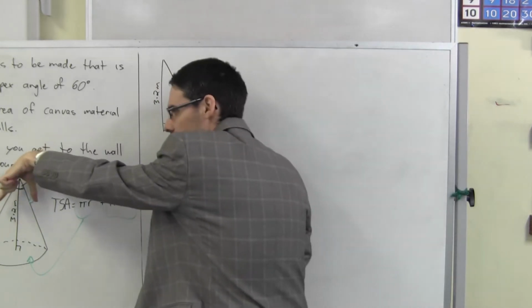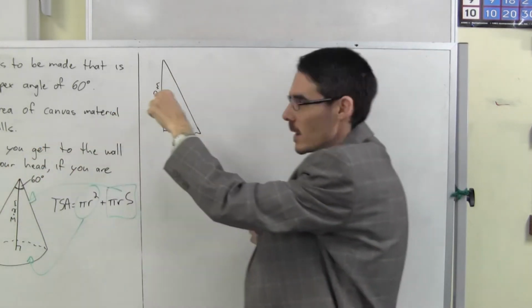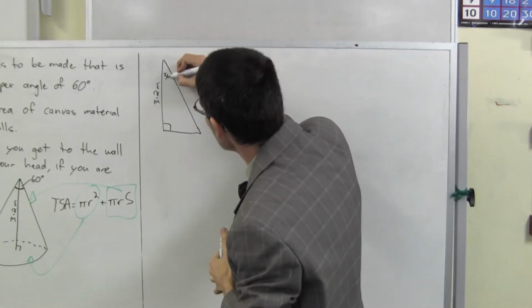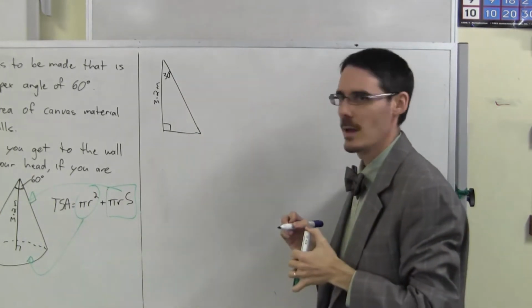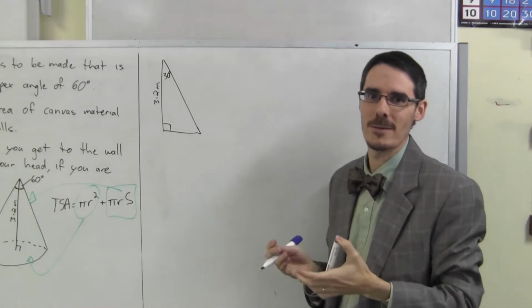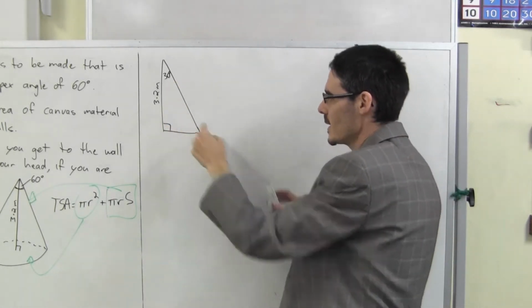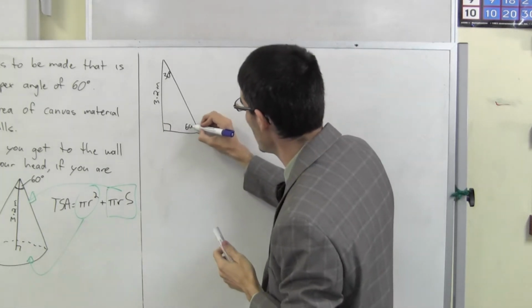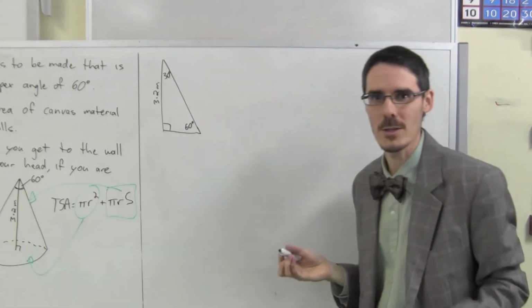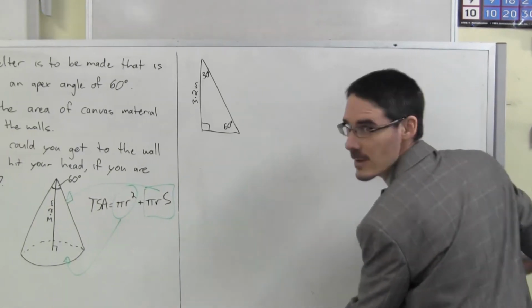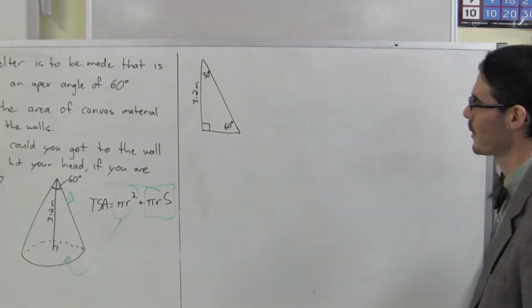Well, if 60 degrees is the whole cone, then this angle is half of that, 30 degrees. And correspondingly, if I find it easier, I can use this angle. If that's 30 and that's 90, this has to be 60 degrees. I can now choose whichever of those I wish to use. I'll move that across just a bit so you can still see that diagram a bit better. Okay.